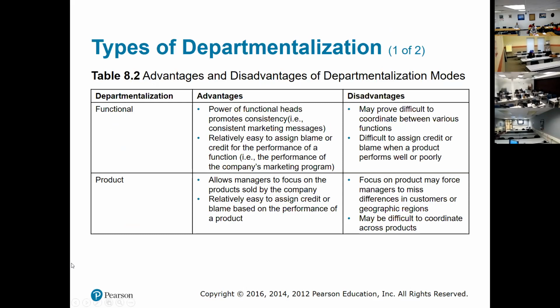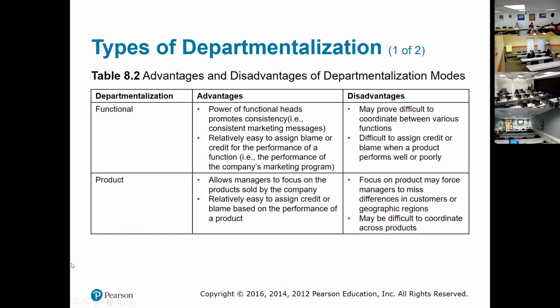Departmentalization is used by most companies. They do break up their organization by departments in most cases. It can be done by function. You have functional heads that have consistent messages, but sometimes it's difficult to move between functions. Or it could be broken down by product.